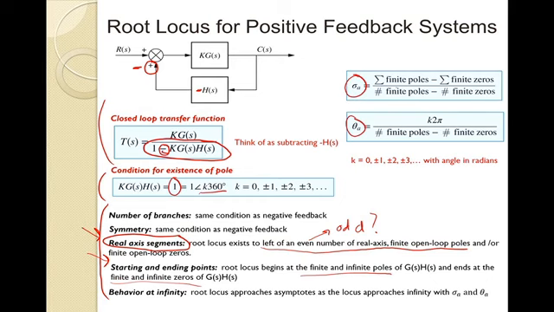The denominator looks the same, and all the poles and zeros look the same as well. Now this term right here, because before when this angle term was an odd multiple of 180, this term was a little bit different. But now because of the 360, that's a difference with the negative feedback. So a lot of similarities, but a couple of small differences that you can go back and compare with the negative feedback system.